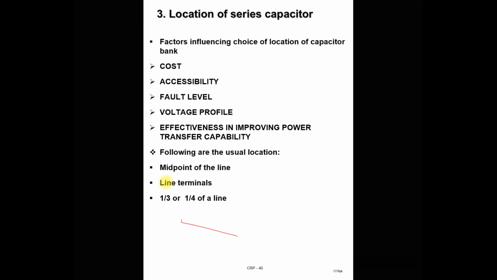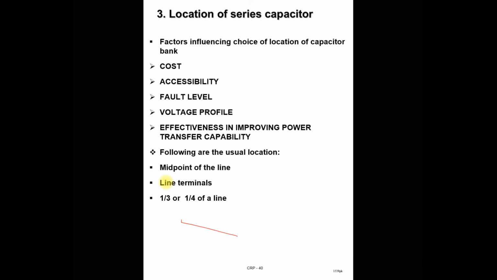So there is no problem related to maintenance, monitoring and security of the series capacitor. But the disadvantage is that the higher fault current creates a complicated relay scheme and a higher rating of compensation is required for the series capacitor. So each and every position of the series capacitor has some advantages and disadvantages.